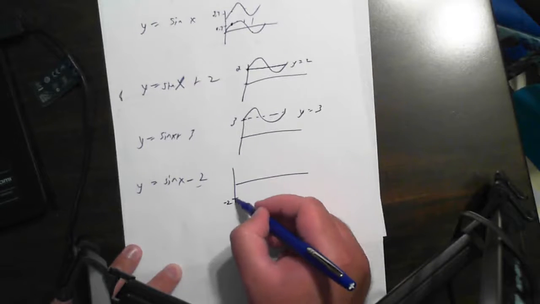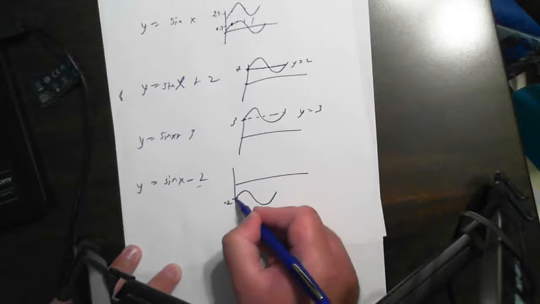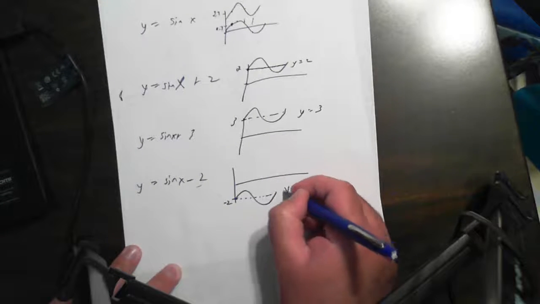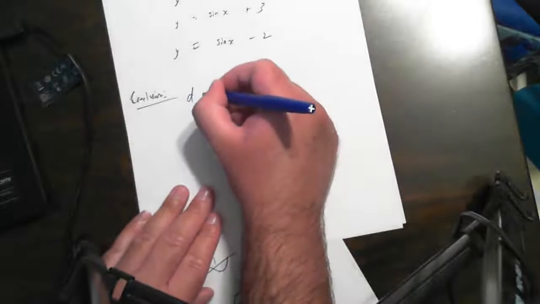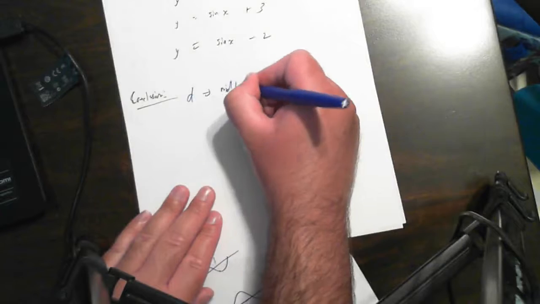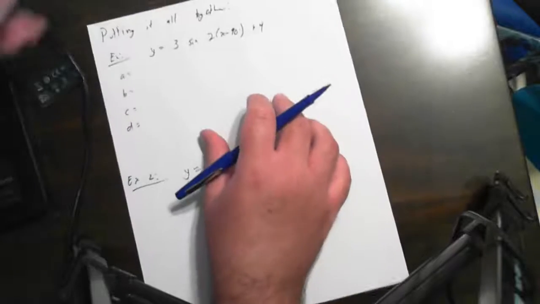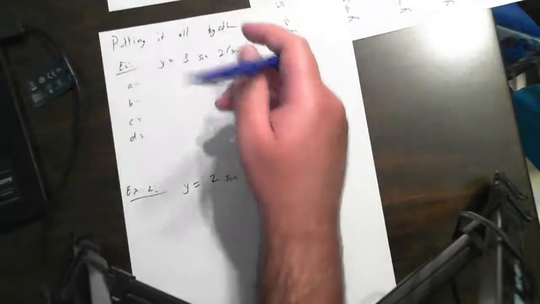So at negative 2 here, my function starts, and you can see there's my midline at y equals negative 2. Okay? So my conclusion here is that D tells me the midline of the function. Okay? So moving on, we'll go through these quickly because I have 3.5 minutes.